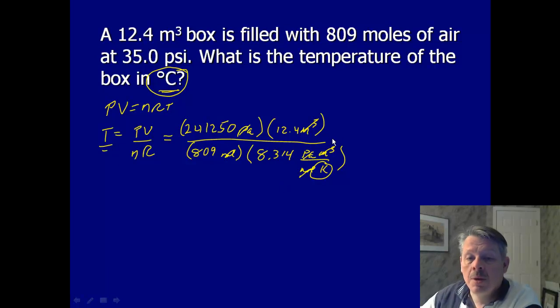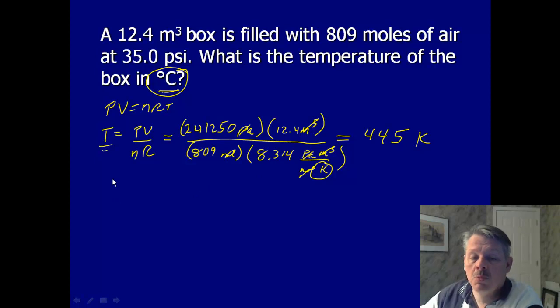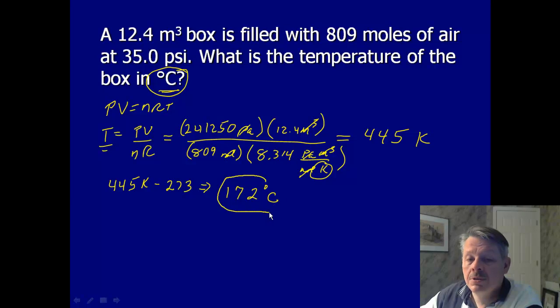If I plug all of this into my calculator, I get 444 point something, so 445 Kelvin. I have to subtract 273, and that's going to give me Celsius. So my final answer is going to be 172 degrees Celsius.